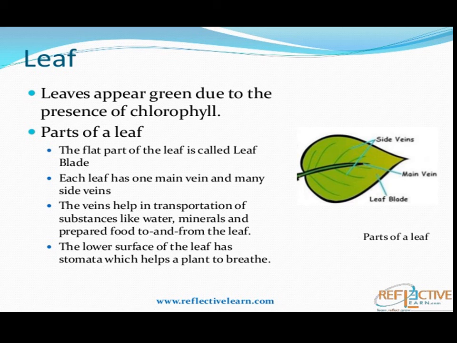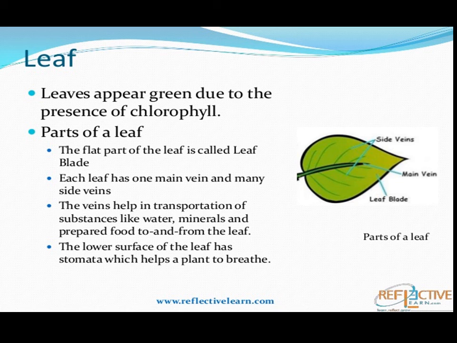So children, now you must be wondering what makes them look different in color than green. That is because of the presence of pigment. Various types of pigments may be present that impart a particular color to the leaf.